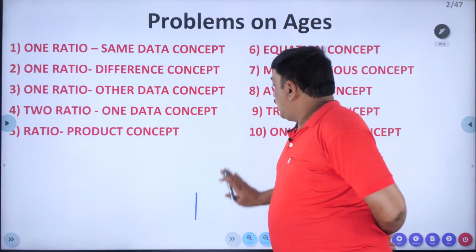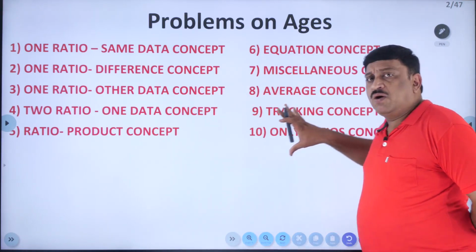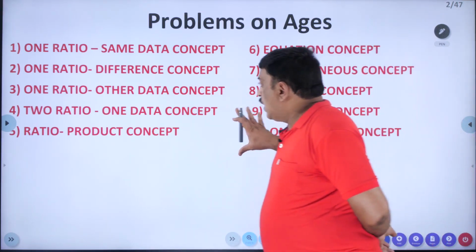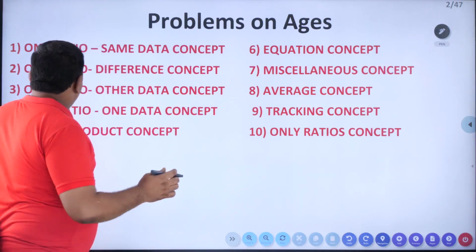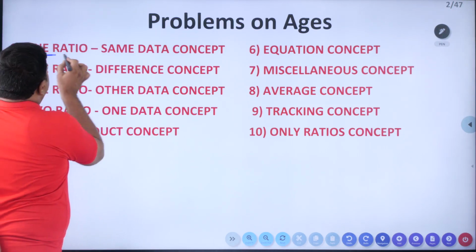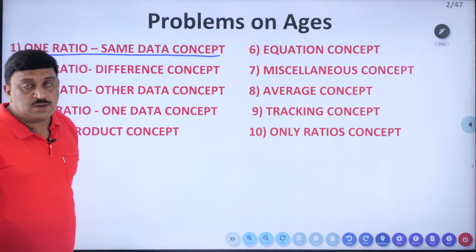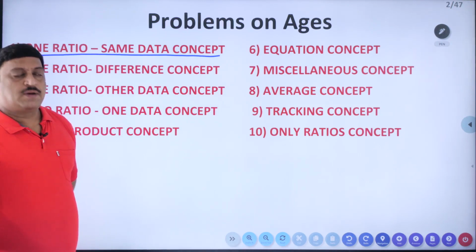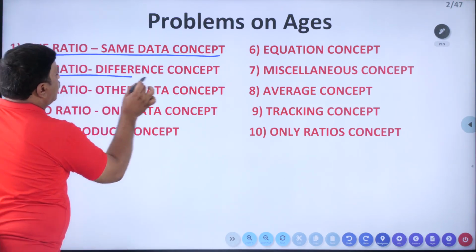I made the entire topic into 10 models. The first model I named 1 ratio same data concept. After that, 1 ratio difference concept.